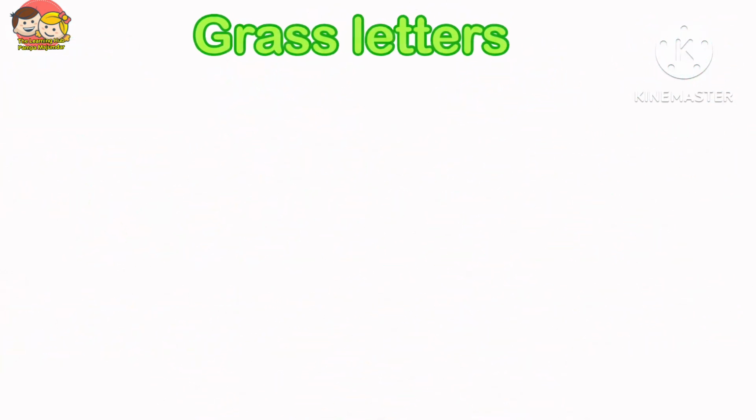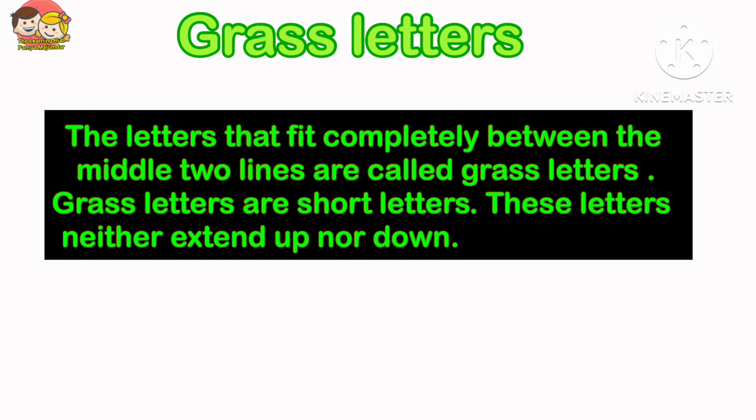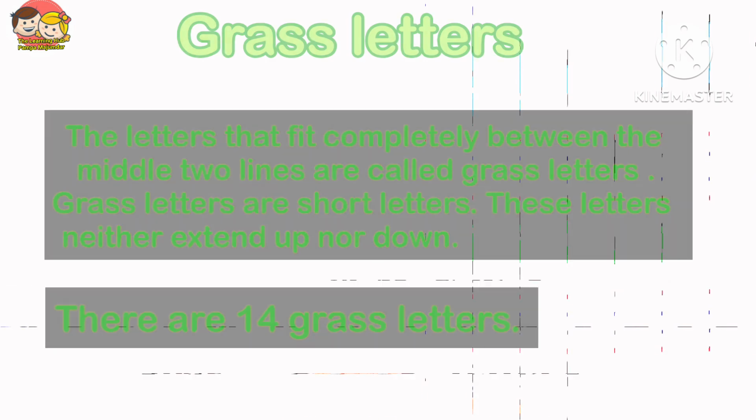Next, grass letters. The letters that fit completely between the middle 2 lines are called grass letters. Grass letters are short letters. These letters neither extend up nor down. They completely fit within the middle 2 lines. There are 14 grass letters.